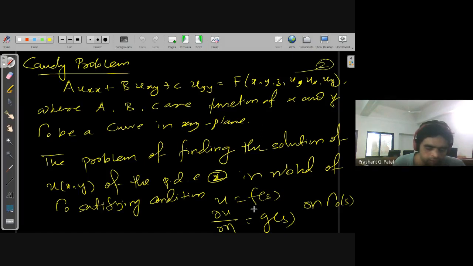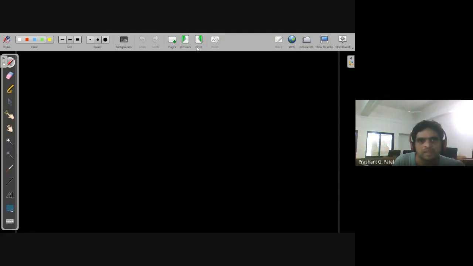So to refer to this Cauchy problem, we are looking for a solution of certain equations. We start with this concept, and let gamma be a smooth curve.